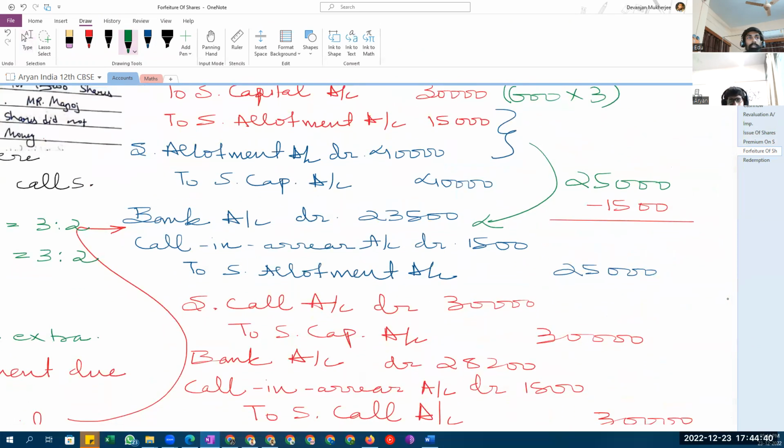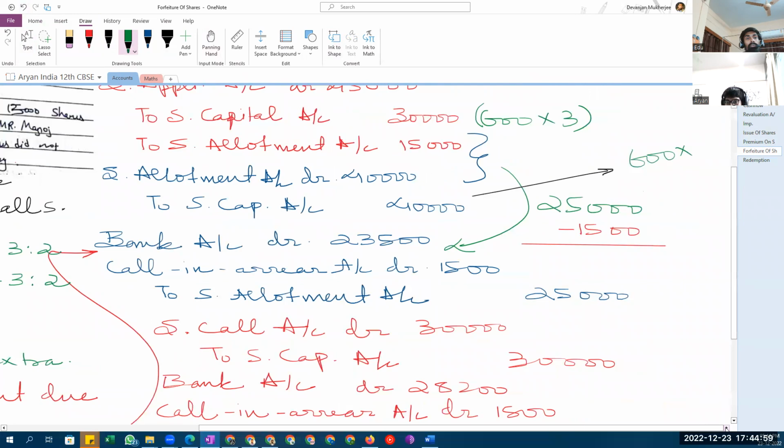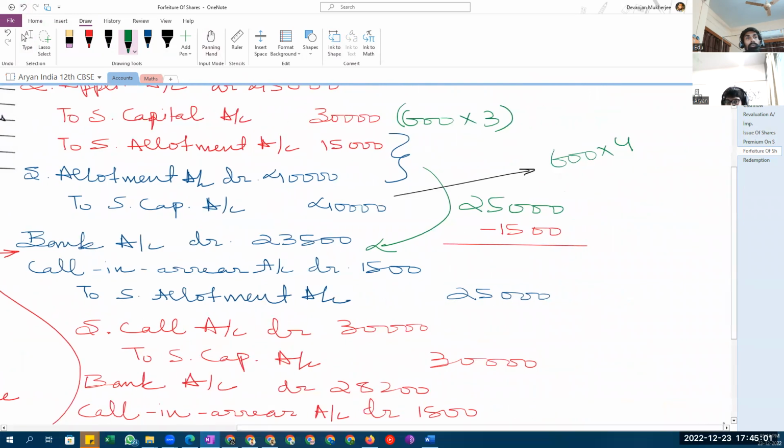Next, during this scenario, again we put in some money belonging to Mr. Manoj in the capital. How much did we put in? 900. 600 into 4. The 900 is the advance. How much are we putting in the capital?